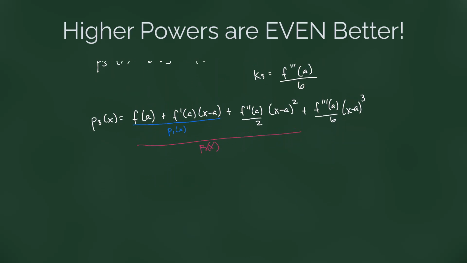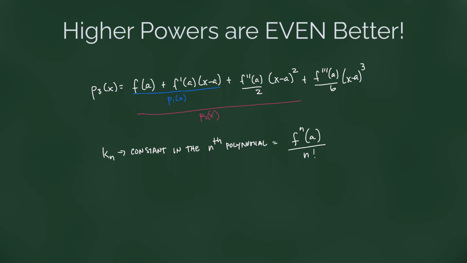It turns out that k sub n, the constant in the nth polynomial, the new constant we have to add on, is always going to equal the nth derivative at a divided by n factorial.